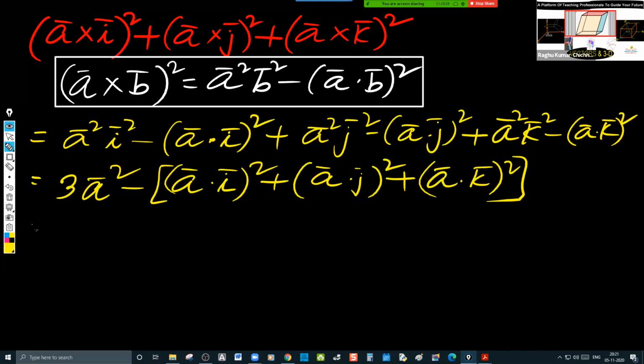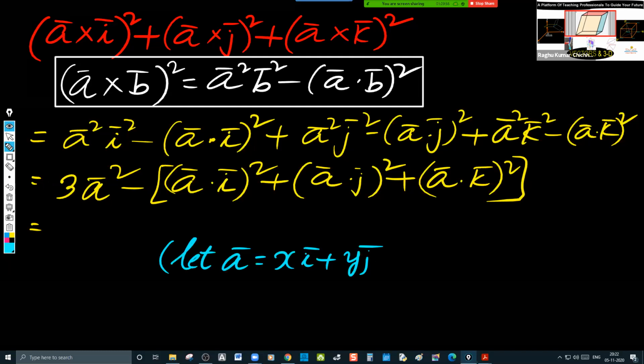Now, Kaushik, it is given that A bar is any vector. It is already given. A bar is equal to, for example, if I take it as xi plus yj plus zk.